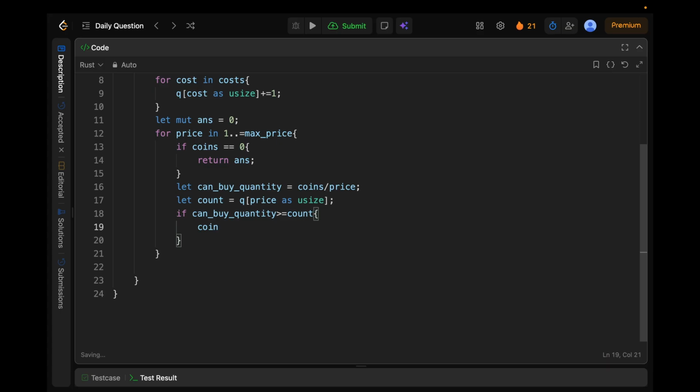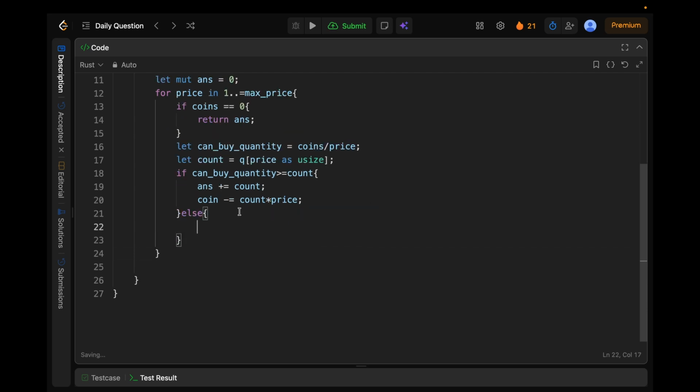So my answer would be answer plus equal to the count, and my coins left would be coins minus equal to the count into the price. The else case being, I buy can buy quantity.